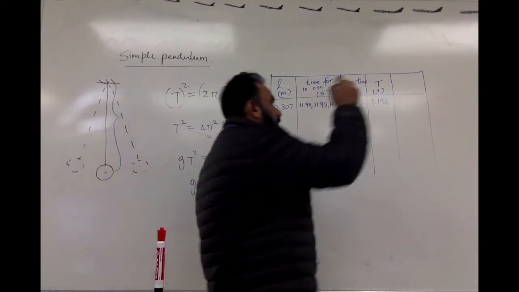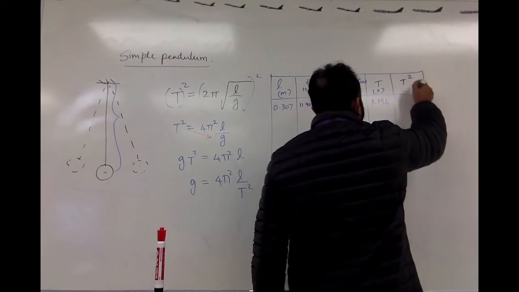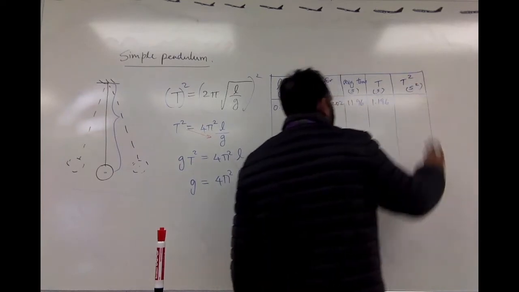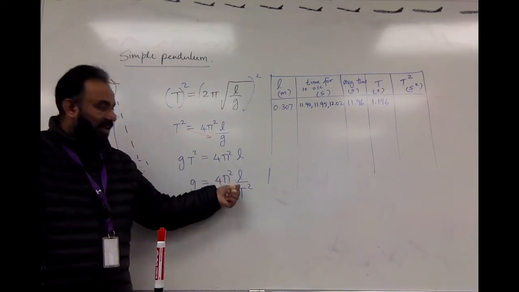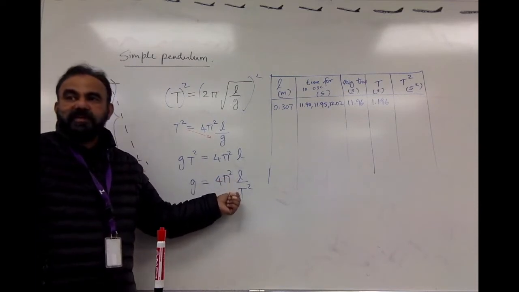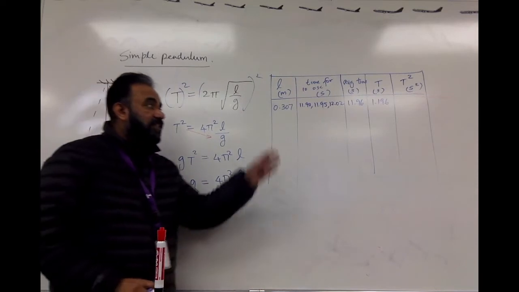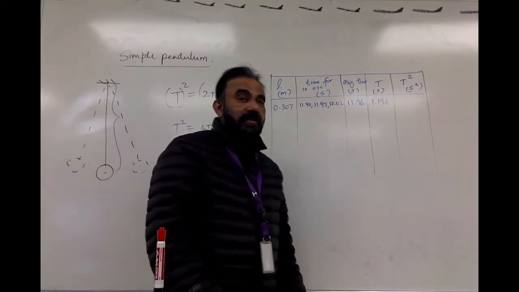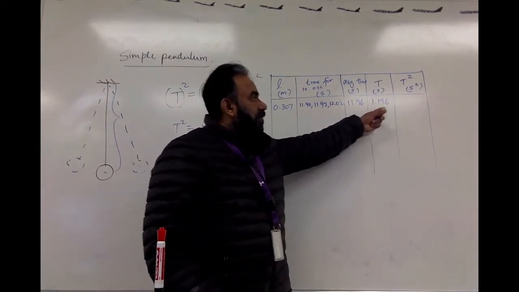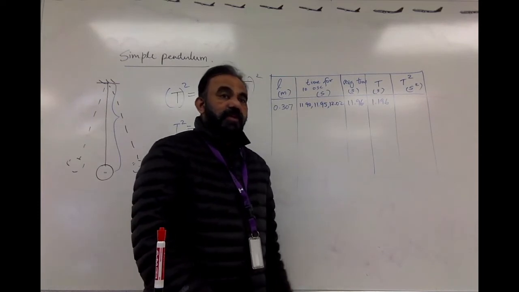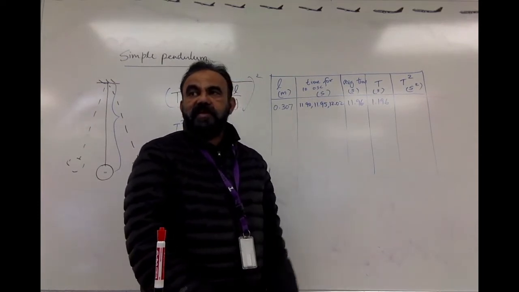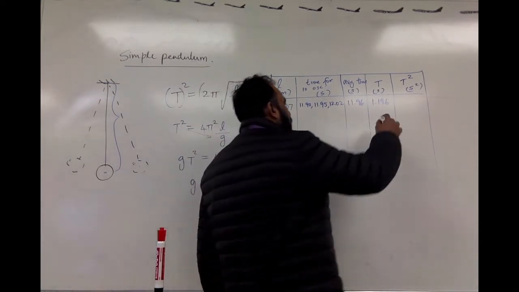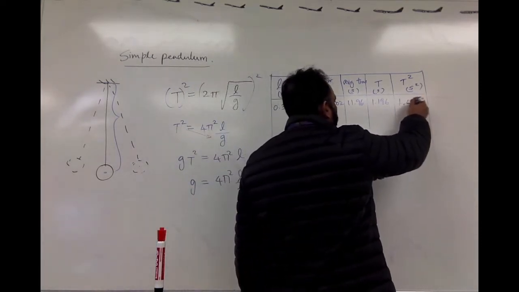And the last step is to square the time, because we are looking for time square. Look at this equation. We need length and we need time square to investigate it correctly. So the last column is time square. What's time square? Square of this. You have to round it to the 4 sig figs again. So 1.196 square is 1.4 something something.